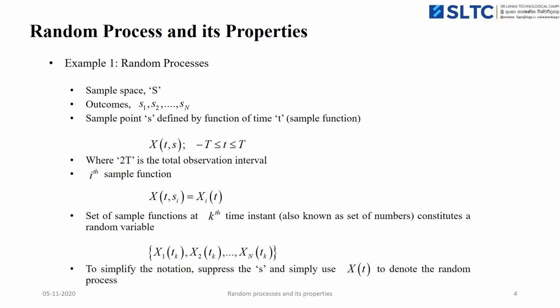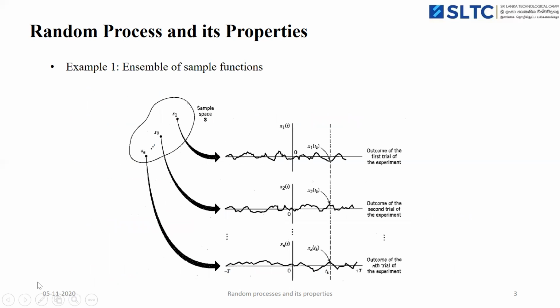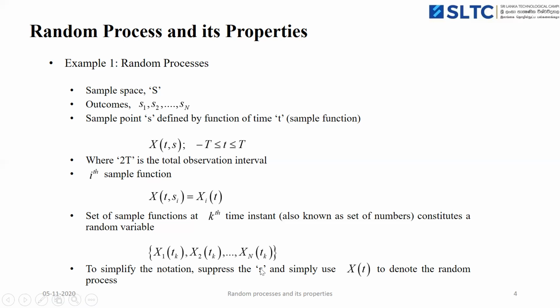If from this random process you want to measure the value at a particular time, for example t equal to the kth time, then the random process gives a random variable. Because there is a set of n sample functions in that experiment, we are getting the set of sample functions at a kth time instant, which constitutes a random variable, such as x1 of tk, x2 of tk, and xn of tk.